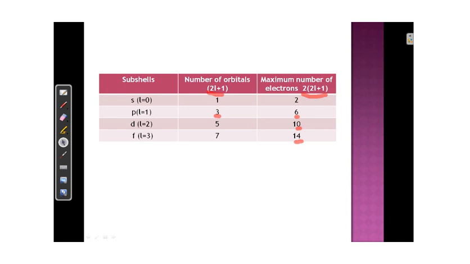In the case of P subshell, we have 3 orbitals, therefore the maximum number of electrons is 6. In the case of D, l is equal to 2, the number of orbitals is 5, therefore the maximum number of electrons is 10. And in the case of F, when l is equal to 3, the number of orbitals is 7. So in the F subshell, the maximum number of electrons is 14.